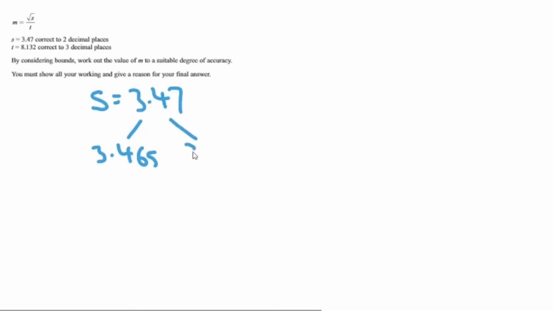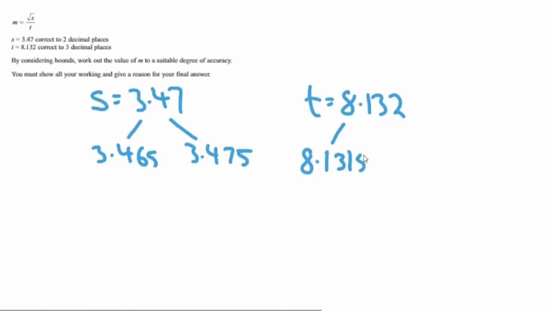And the upper bound is going to be 3.475. As for the t, if that's originally 8.132, the lower bound is going to be 8.1315, and the upper bound is going to be 8.1325.